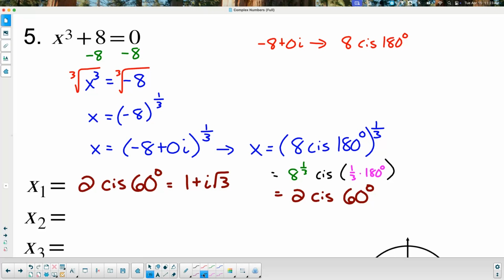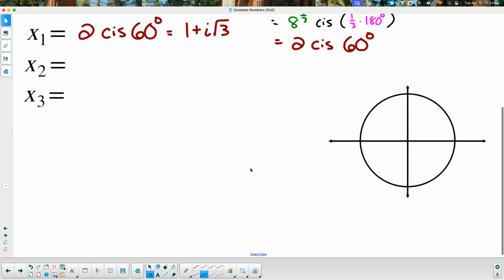If we were graphing these, our first root would be right there, correct? Because it would be 60 degrees to there. Yes?